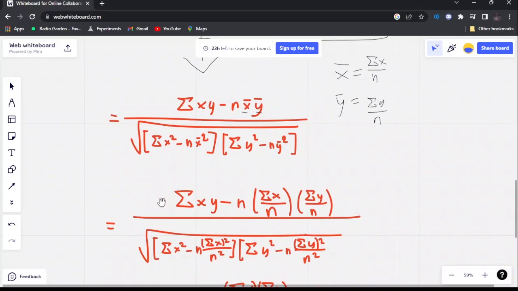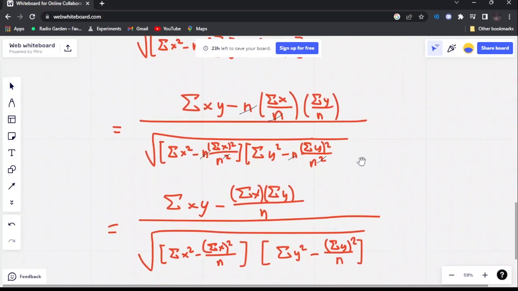So we're almost there. We need to substitute our n first. So we substitute n here, n here, and our n here. Now it will look like this. The next thing we need to do is to multiply the numerator and the denominator by n.